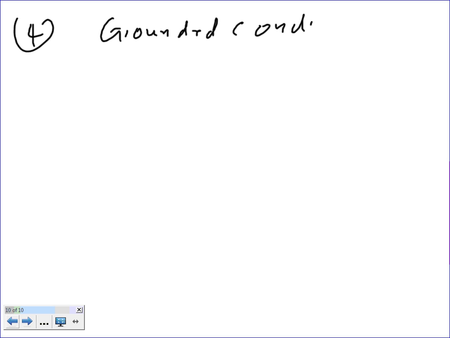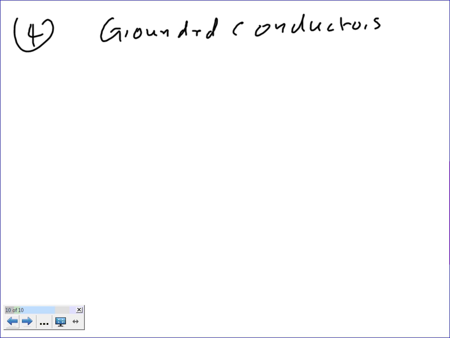Number 4, my friends. Grounded conductor. Here's what I would do with the grounded conductor. Take the 1200 amp that you started with.